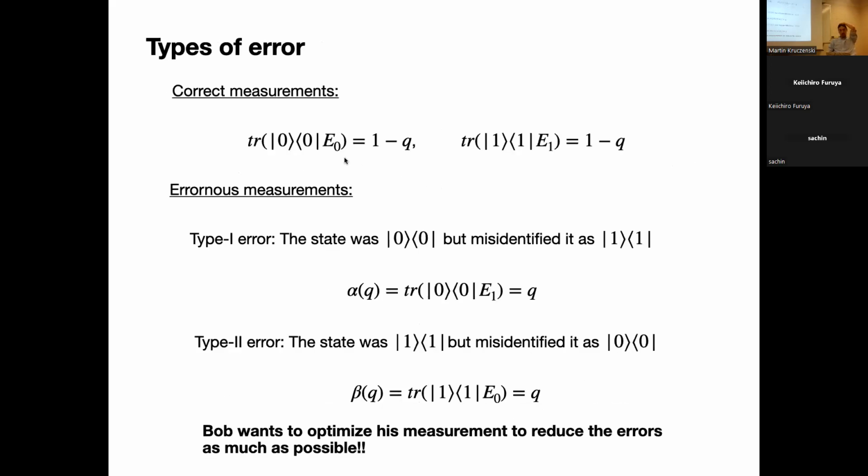So what the POVM tells you is this: if you calculate the expectation value of E0 with the state |0><0|, it gives you the probability of the state being 0 or 1 in this POVM. So you have state |0><0|. If you calculate the expectation value of the POVM, you get the probability 1 minus q, and the same for |1><1|, you get 1 minus q.